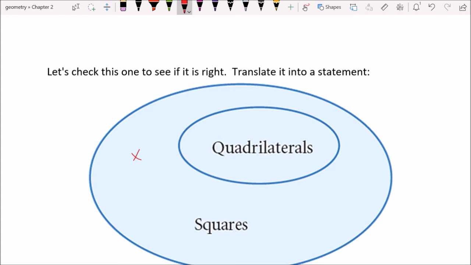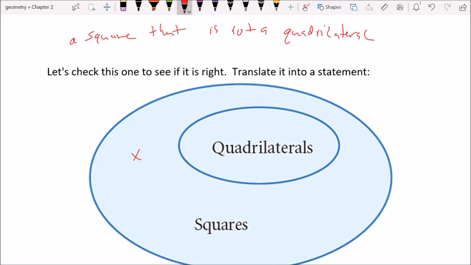And so it's a square, but it's on the outside of quadrilaterals. So what we're thinking about is a square that is not a quadrilateral. That's what this says. So can you think of any squares that are not quadrilaterals, meaning they don't have exactly four sides?